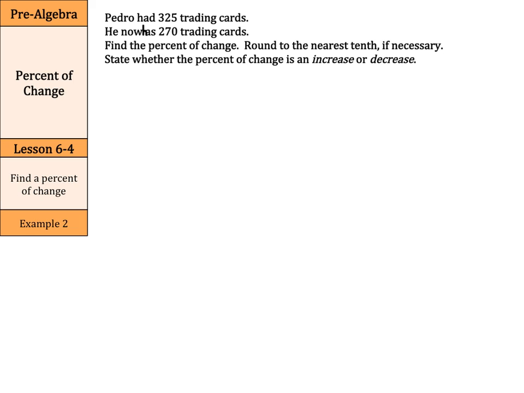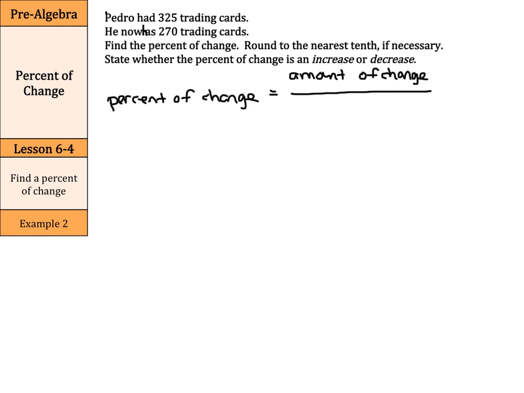In our second example, Pedro had 325 trading cards. He now has 270 trading cards. Find the percent of change, round to the nearest tenth if necessary, and state whether the percent of change is an increase or decrease. All right, well, percent of change is equal to our amount of change divided by our original amount.